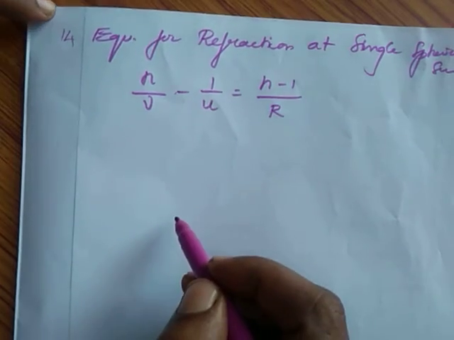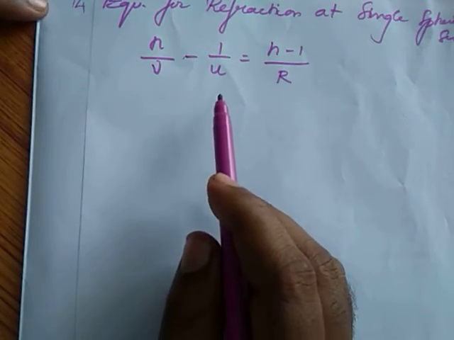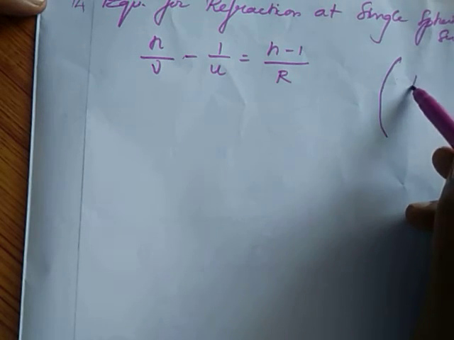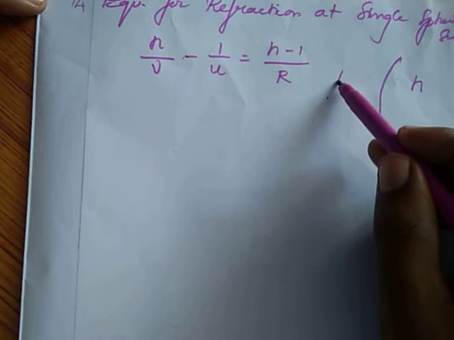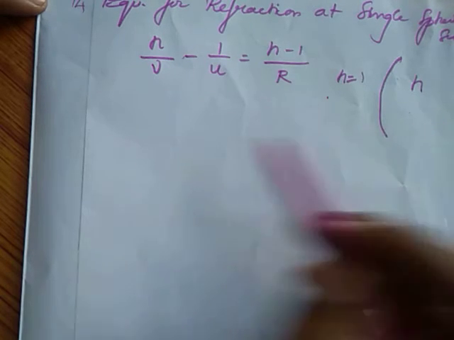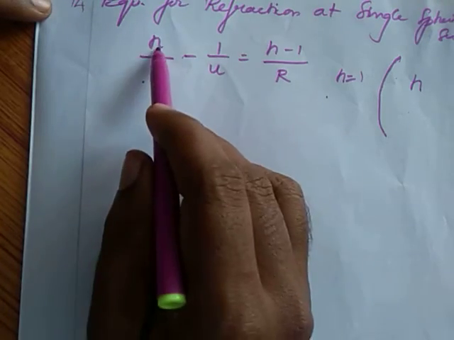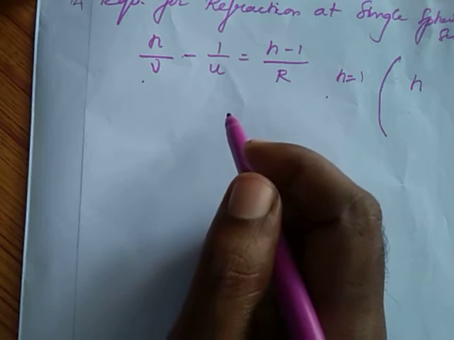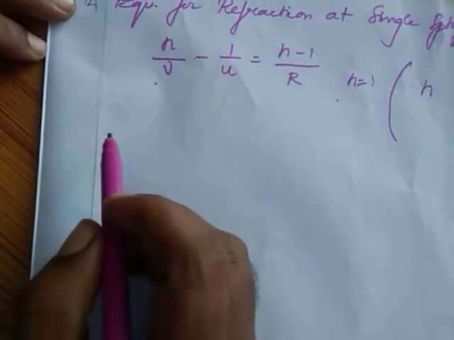Okay, this is the equation for refraction at a single spherical surface. Here one surface has the refractive index n and the other surface has the refractive index 1. For that, the equation will be n by v minus 1 by u is equal to (n minus 1) by r.